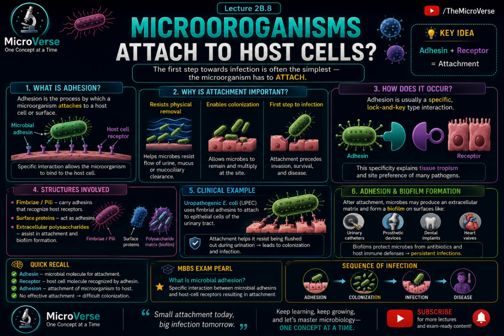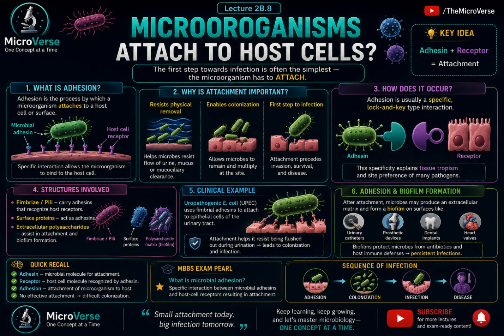So, now let's connect today's concept with the previous lecture. We defined a virulence factor as a microbial property that contributes to the ability to cause disease. Adhesins are therefore important virulence factors. Without successful attachment, many microorganisms have difficulty establishing colonization or infection.